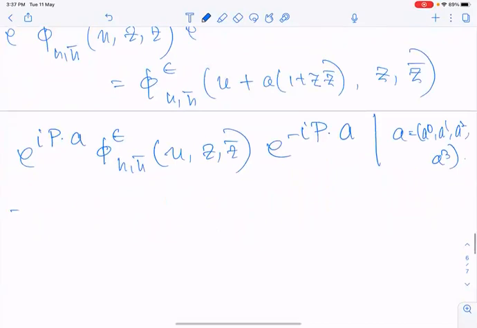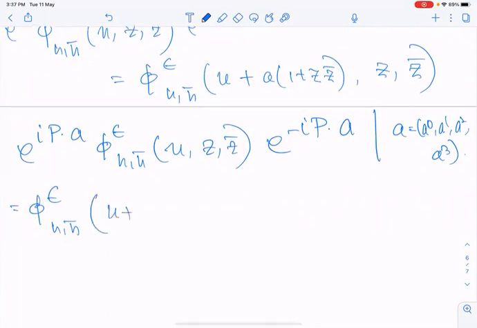So this essentially becomes, so you get u plus A0, 1 plus z z bar.